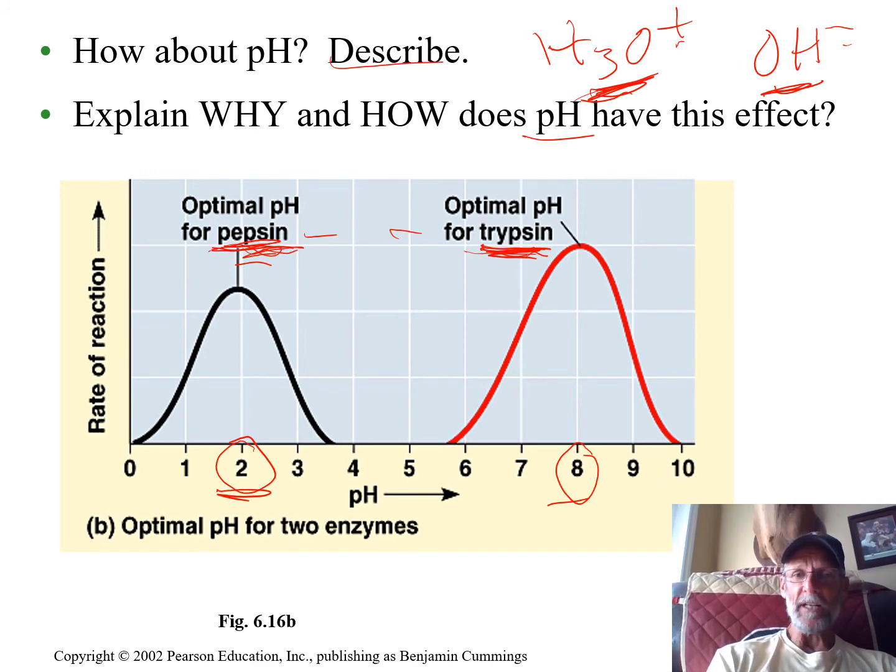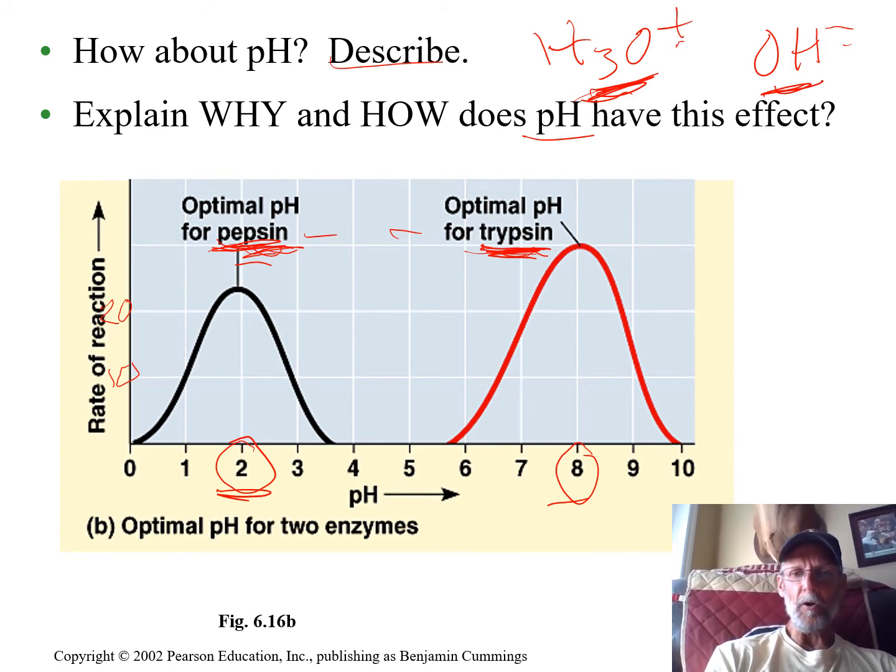The description is this. A good description always includes numbers if it can. And there's no numbers on this y-axis, so I'm going to put some. I'm going to put 10, 20, like reactions per second, whatever. Okay? So here's a great description of this black line of the action of pepsin.